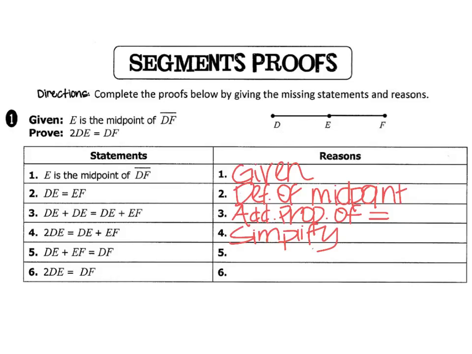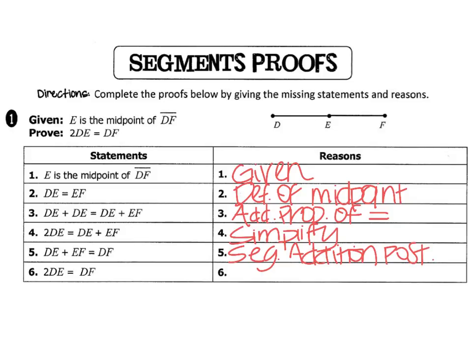So we are finished with manipulating the equations we had, and now we make an equation based off of our diagram. So DE plus EF equals DF. And this is true because part of the segment plus part of the segment equals the whole segment. Therefore, the reason for this is segment addition postulate. So we write that down, segment addition postulate.